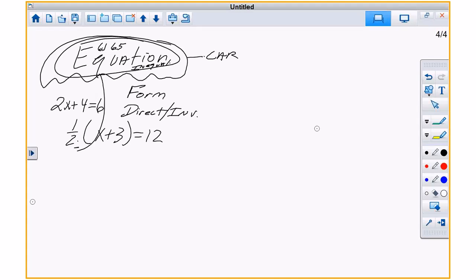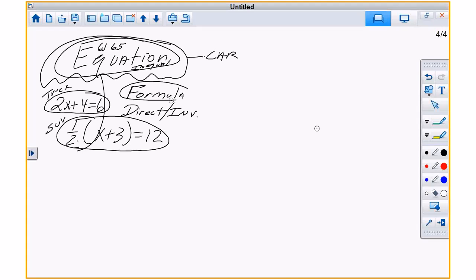Okay? So now we're going to go over formulas. Now, what is a formula? Well, this is a two-step equation. That's more like a truck. This is a three-step equation. That's more like an SUV. This is more like a van. Now instead of just saying vehicles, I'm giving you a little bit more detail.